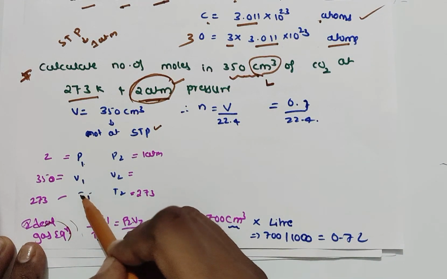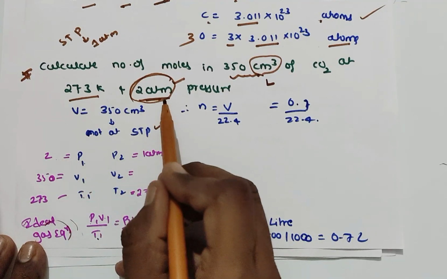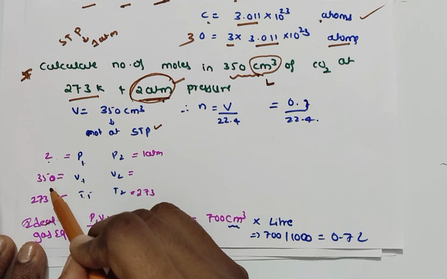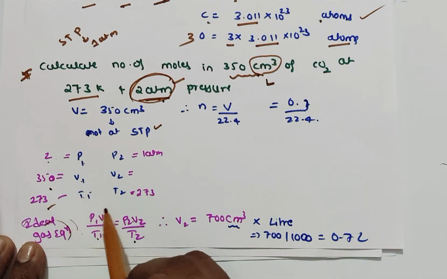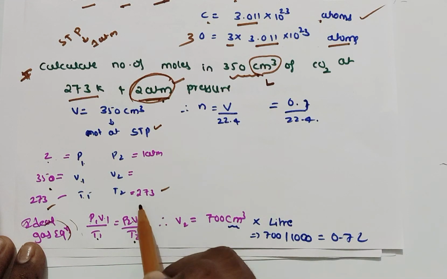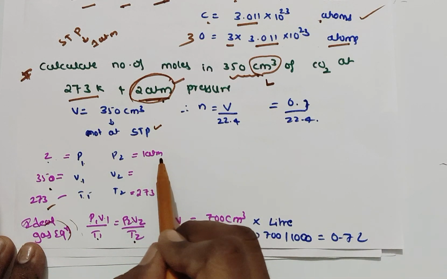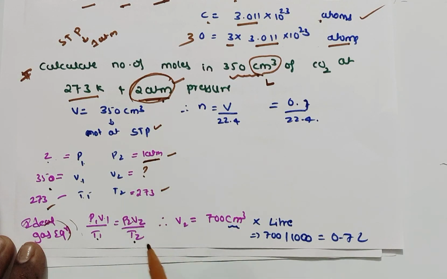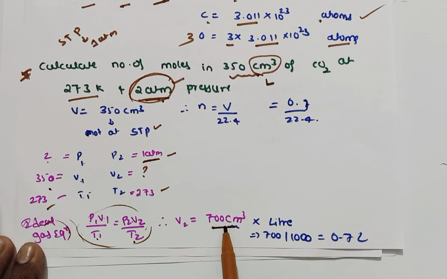Here P1 is the given pressure, 2, V1 is 350 cm cube, and T1 is 273. T2 is also 273, P2 is 1 atm standard, and V2 we can calculate. By simplifying, we get V2 equal to 700 cm cube.